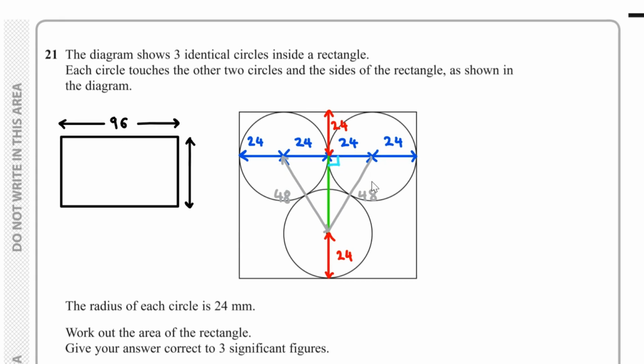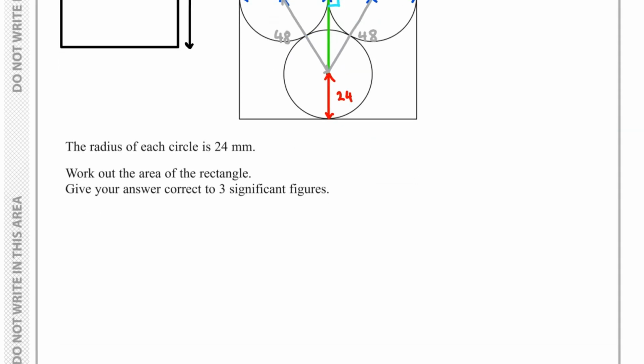And if we work out what the height is of the green triangle, well, let's just draw that out over here. Actually, let's just draw it out again. We've got here this blue length, which is 48. Well, half of that actually will be 24. So we've got 24 here. So let's just draw that again. Here we've got 24 here and 24 here.